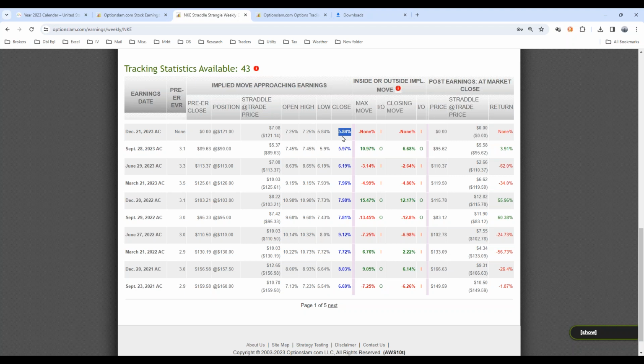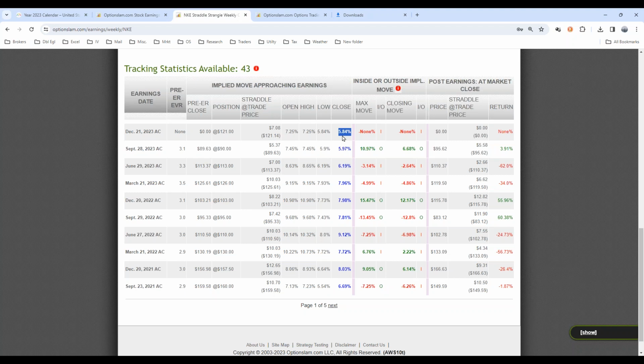Now, here's the problem, the issue that trader B faces. Trader B is going to be selling premium and not getting a lot of money in terms of implied volatility for the risk that he's taking on.